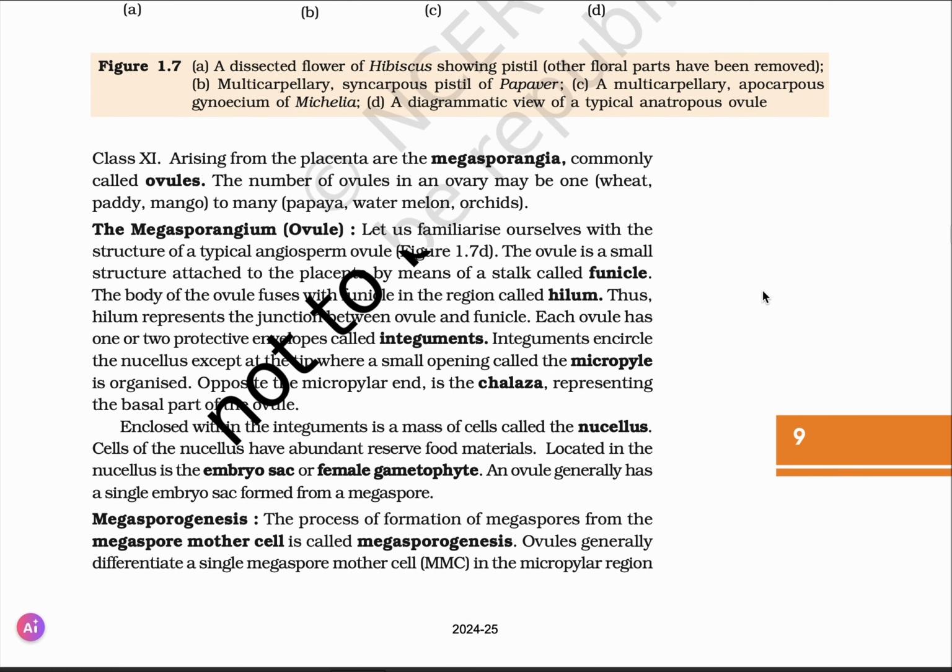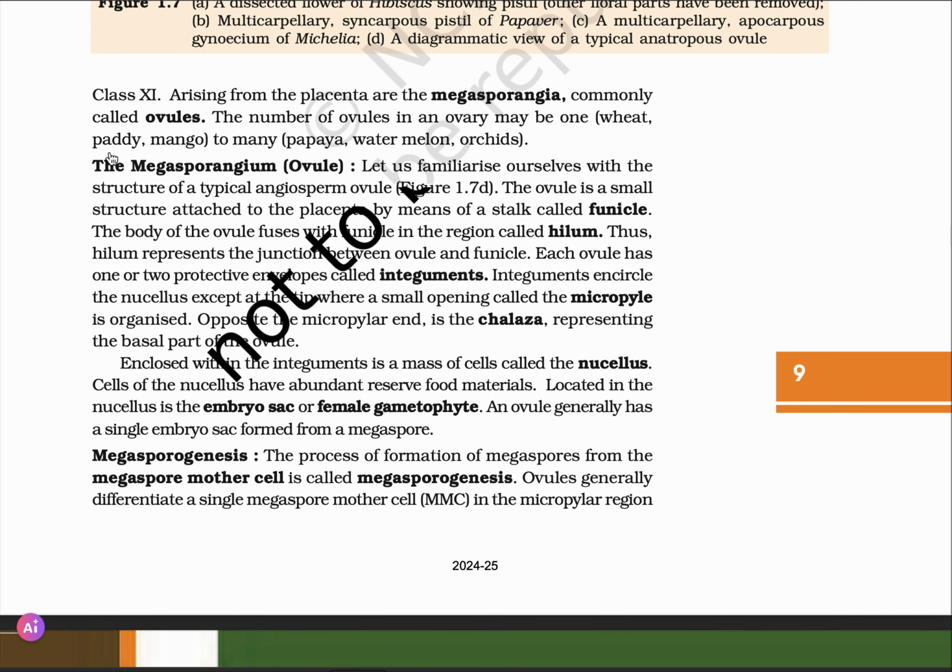It may be one, as in wheat, mango, paddy, or very many, as in papaya, watermelon, orchids. Now, megasporangium, ovule. Let us familiarize ourselves with the structure of a typical angiosperm ovule. The ovule is a small structure attached to the placenta by means of a stalk called the funicle.